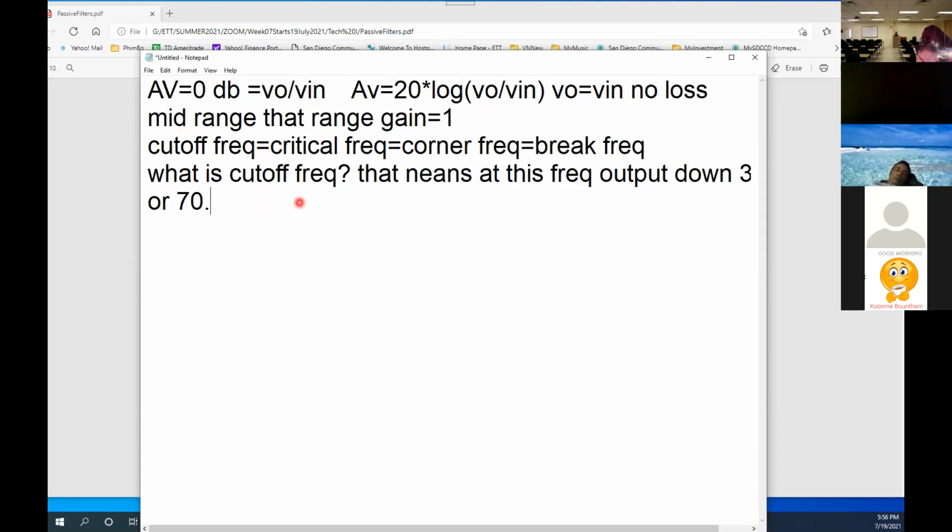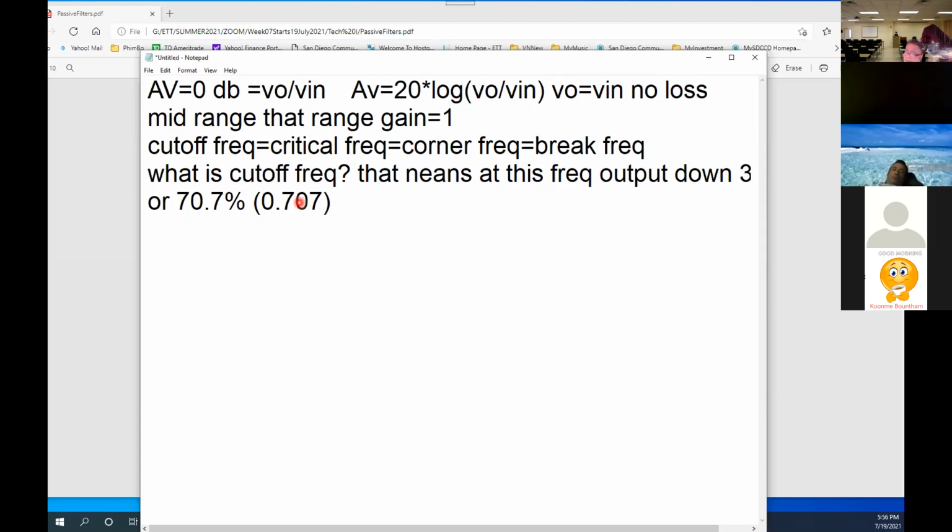Seventy point 7%. Okay, equivalent to 0.707.